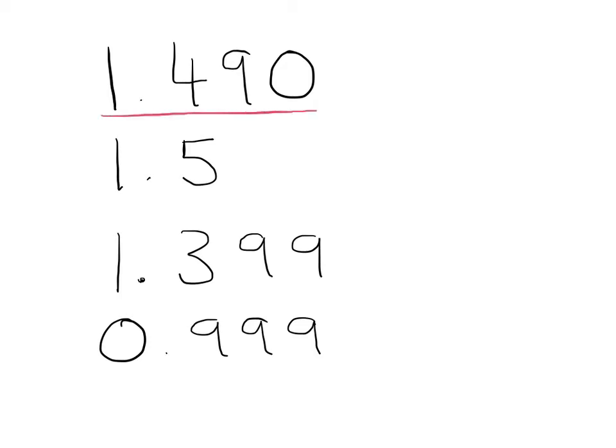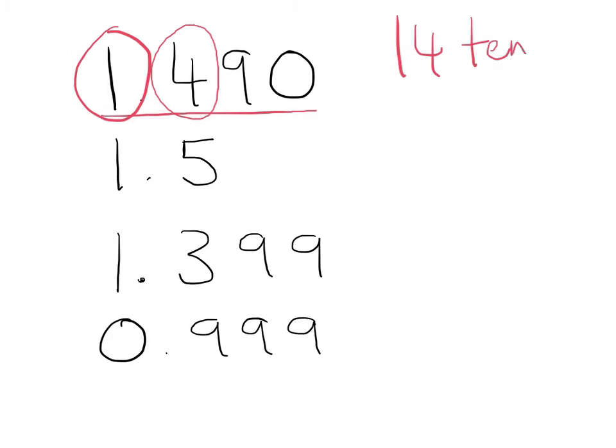If you go back to what we read before, there's 4 in the tenths column. However, the question was how many tenths in total? You'll notice we've got one whole here. That would mean in total there are 14 tenths, because in one whole there are 10 tenths, and then there are 4 tenths here, which makes 14 tenths.